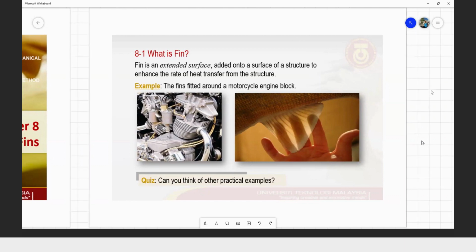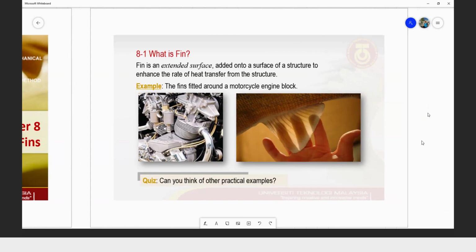has a kind of efficient surface that is releasing the temperature to the surrounding. So kalau kita tengok dekat sini, you may find this fin in many engineering applications.